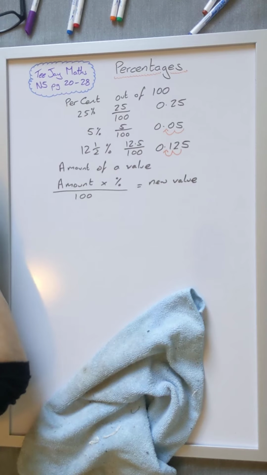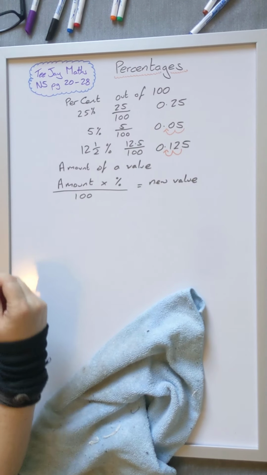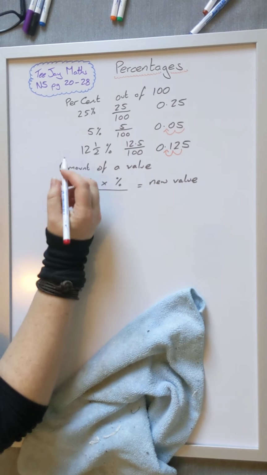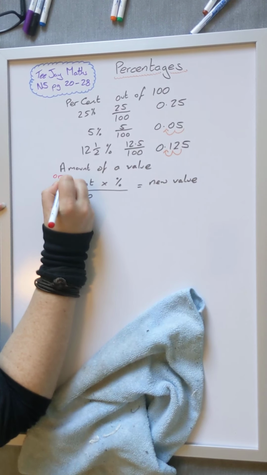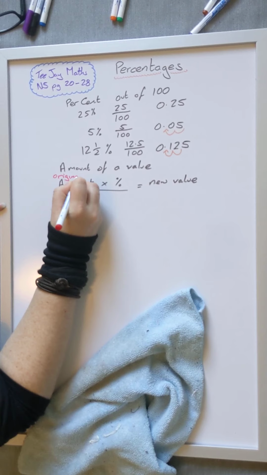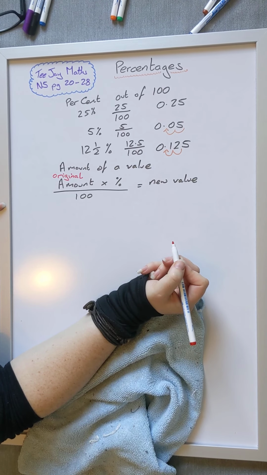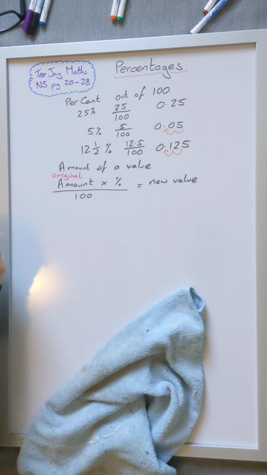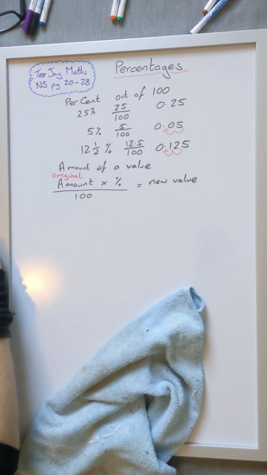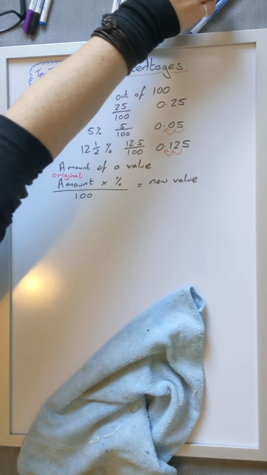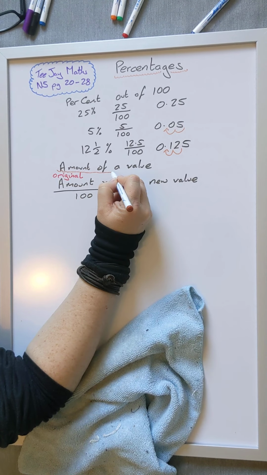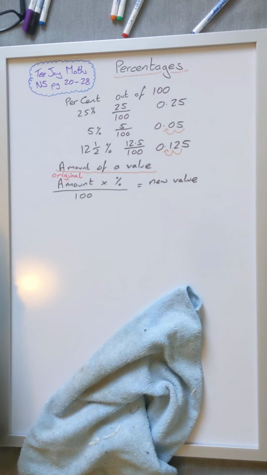Now a lot of the time in the questions we're going to be coming across at Nat 5 level, what you've actually got here is your original value or original amount, and then your new value. Just underline that for you. There we go.